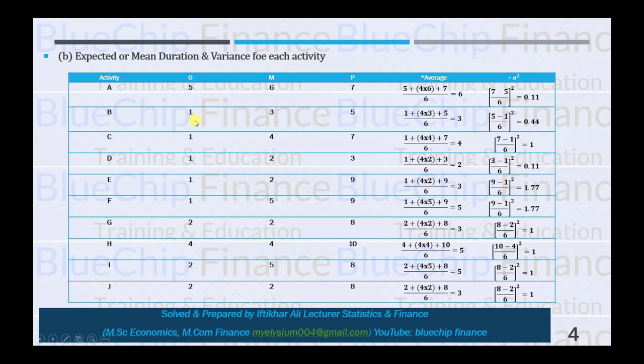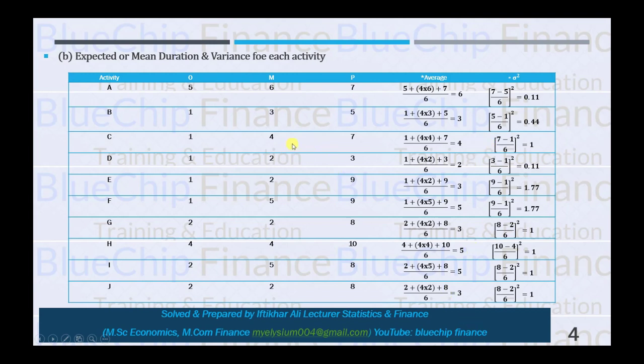And for the second activity, B, your optimistic time is 1, plus 4 multiplied by most likely time 3, plus pessimistic time 5, divided by 6, and so on. In this way you can calculate the average of all the activities. So for the first activity, A, the average expected time is 6. For activity B it is 3, for activity C 4, and so on.